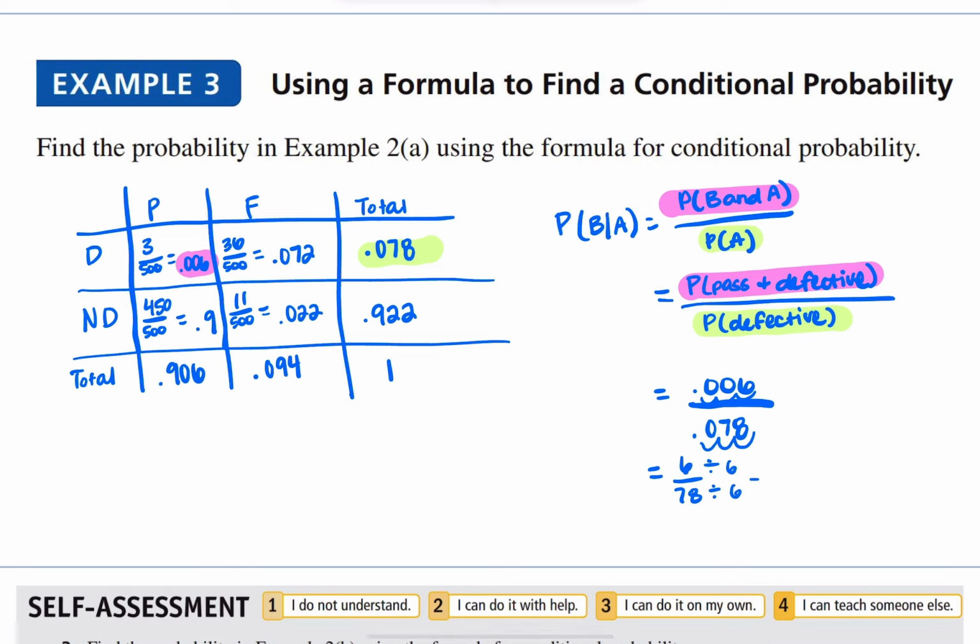Divide both by 6 and get 1 over 13, which I can rewrite as a decimal, 0.077, or about 7.7%. Which we already found. This is just another way to find it. So if you have the joint and marginal relative frequencies, then you can also just use those.